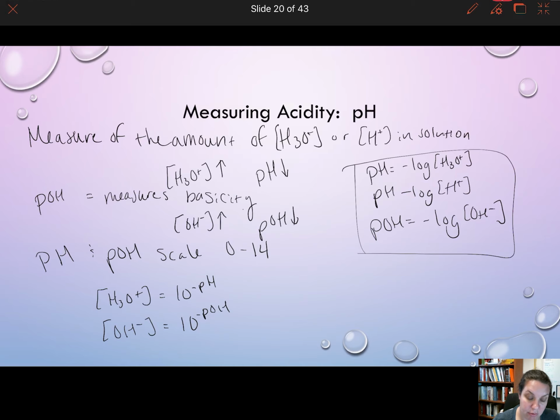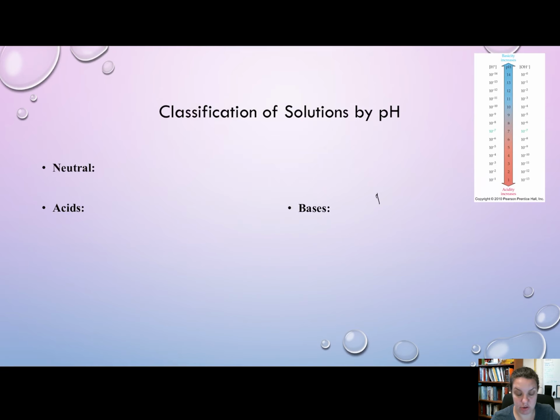Okay, so for a solution to be acidic, basic, or neutral, it depends on our amount of hydronium and hydroxide. For a neutral solution, our hydronium concentration is equal to our hydroxide concentration. And if we're at 25 degrees Celsius, each of those will be equal to 1.0 times 10 to the negative 7.